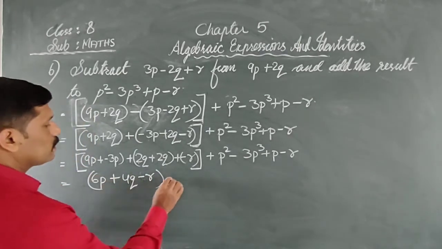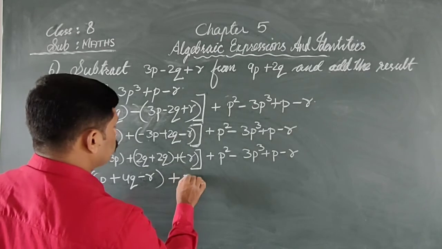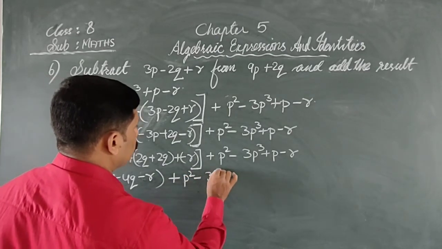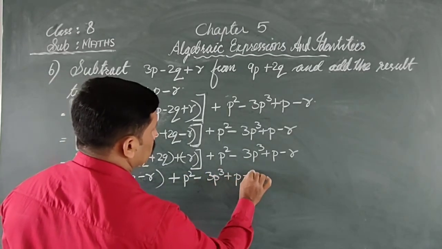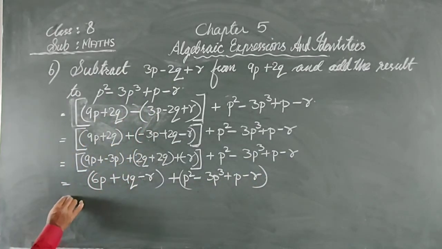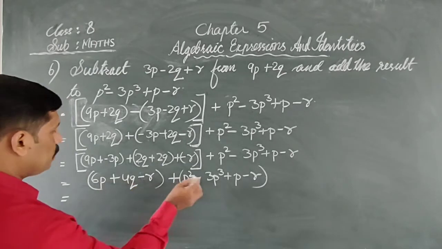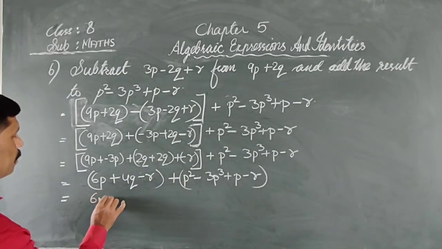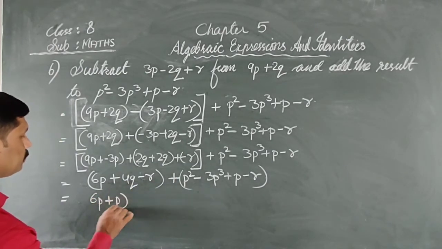Then that result we add with the third number, means p square minus 3pq plus p minus r. This is the next number. Here also for addition we take the like terms, 6p plus 1p.